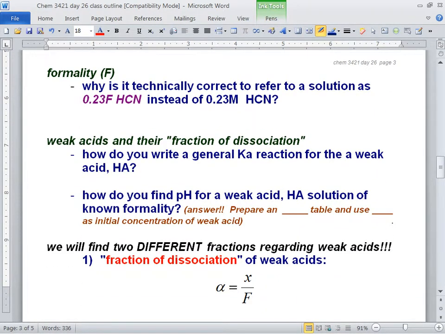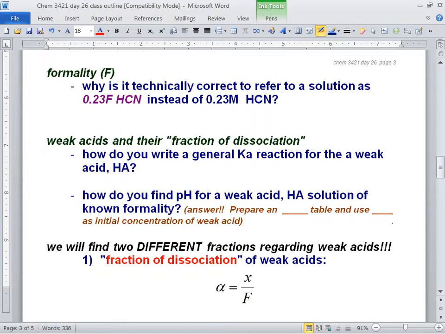Formality. So just stop me anywhere along here if I lost you, if you have a question. Monica, why is it technically correct to refer to a solution as 0.23 formal hydrogen cyanide instead of 0.23 molar hydrogen cyanide?